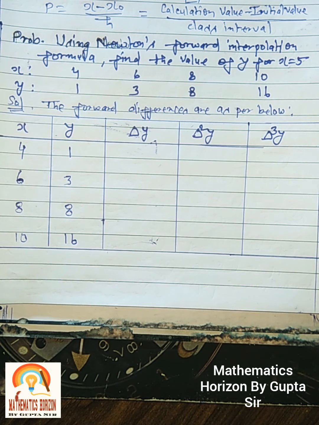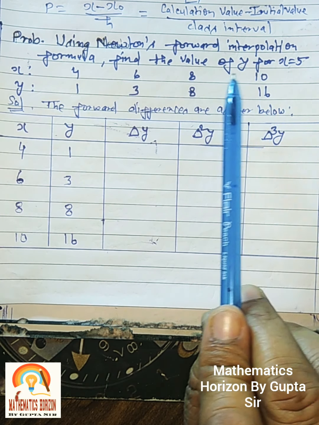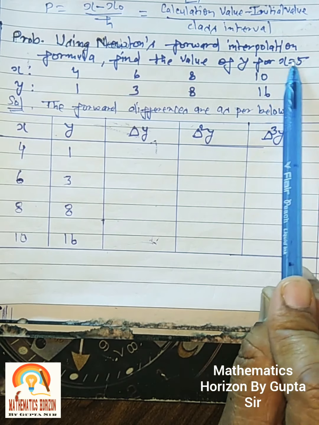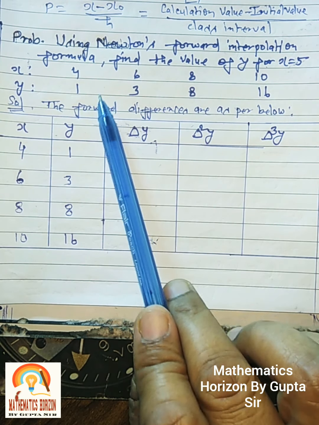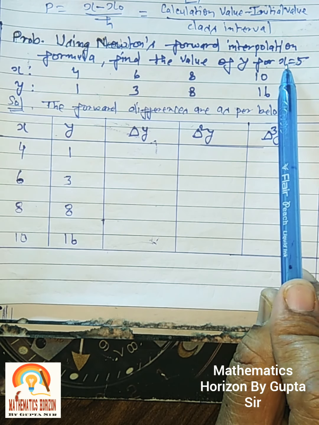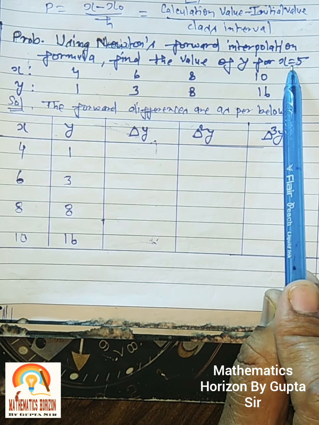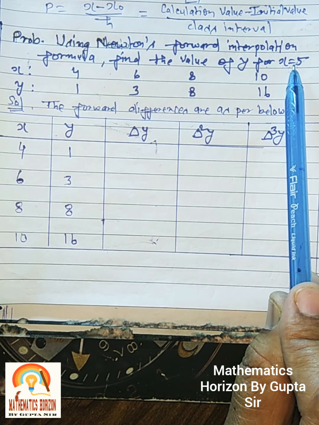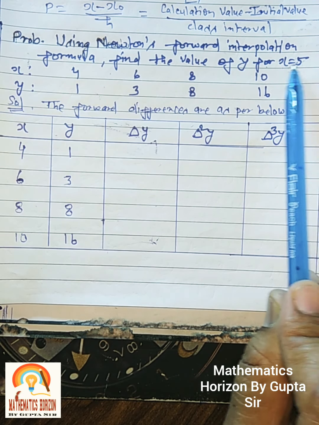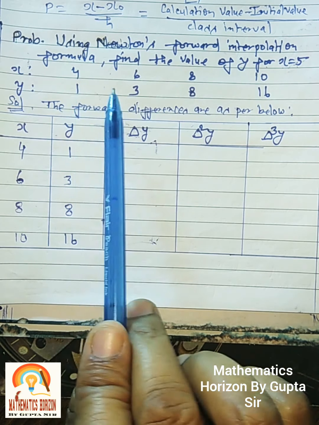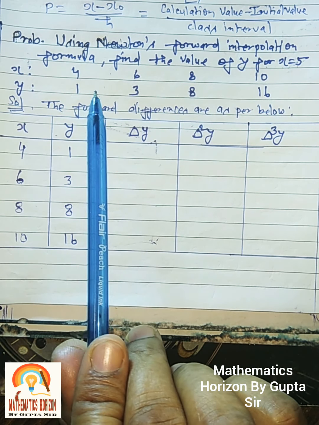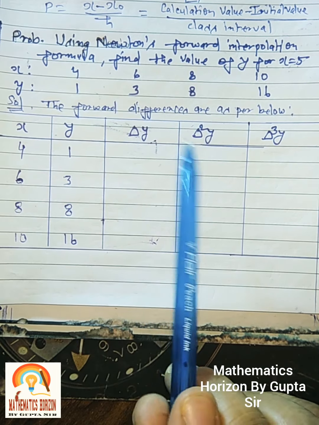We have to find out the value of y when x equal to 5. This is the value where we have to apply the interpolation formula. This interpolated value is near the beginning of the table. When it is the beginning of the table, we always use Newton's forward interpolation formula.